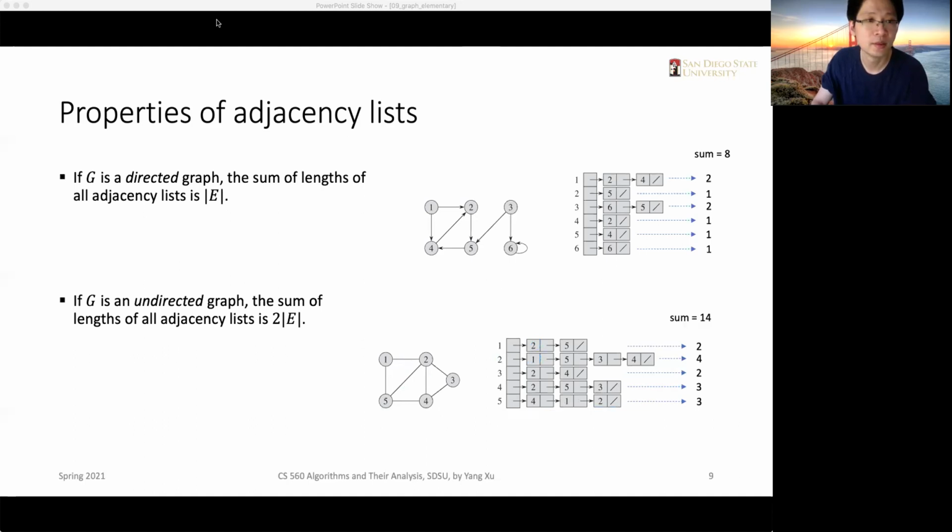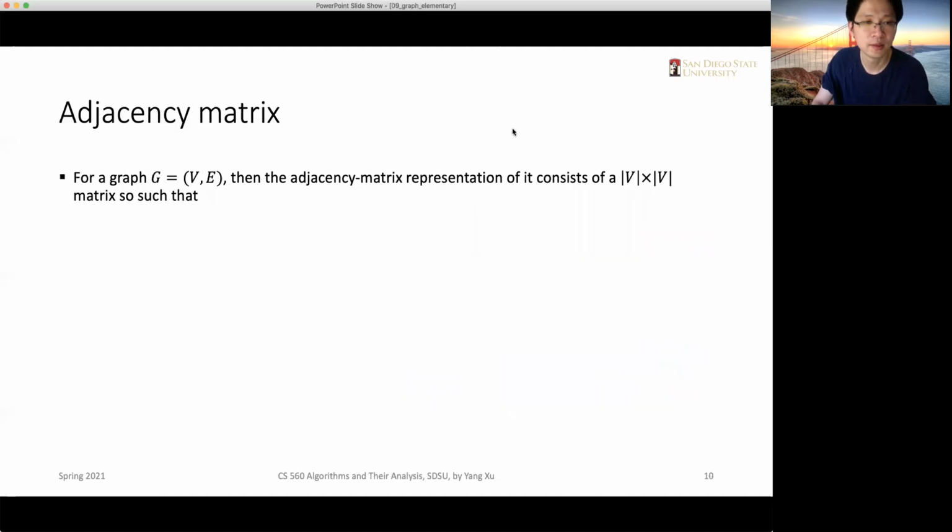All right. So the second way to represent the graph is to use an adjacency matrix.